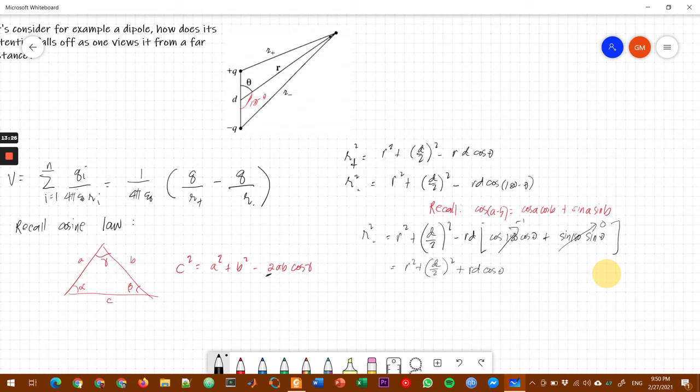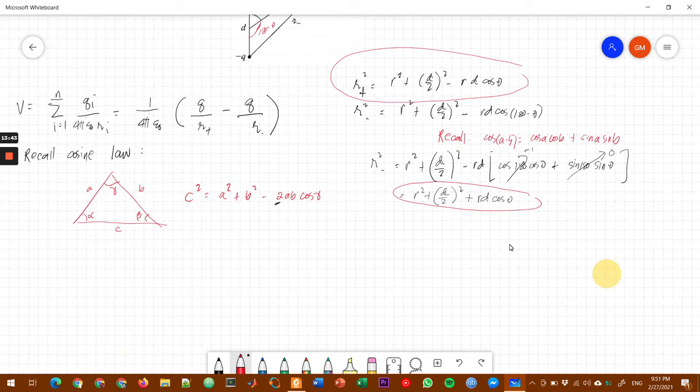So there is a similarity between R plus and R minus. Take a look at this R plus and this R minus. They only differ in the sign of RD cosine theta. So we can simplify that all together: squared plus minus.